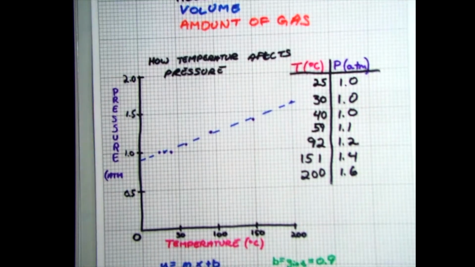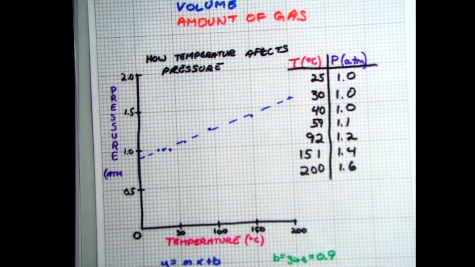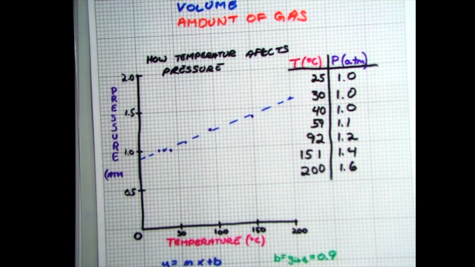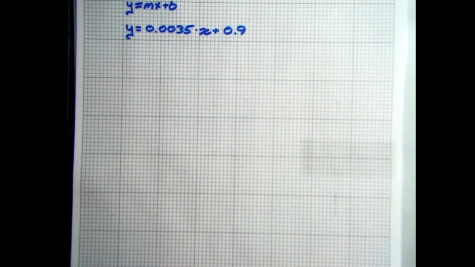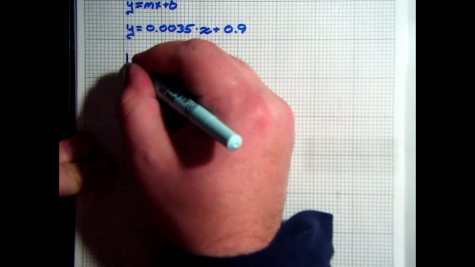But we're going to take that one step further, because here our line actually represents something. We have pressure for y, temperature for x, and we can put that into our equation so the equation tells us more.